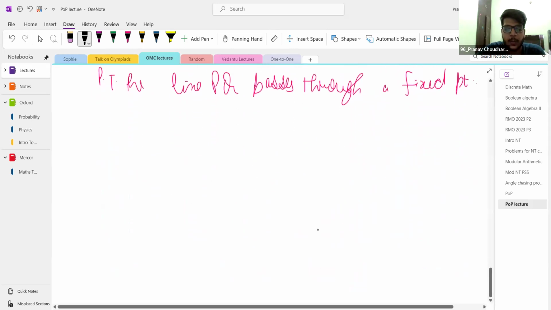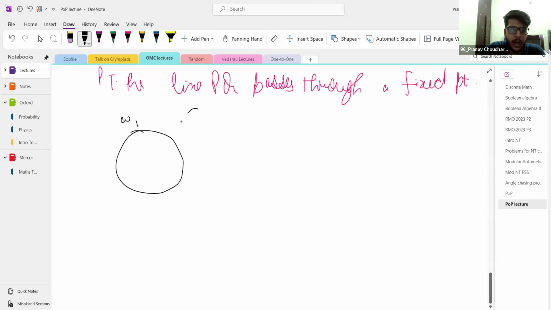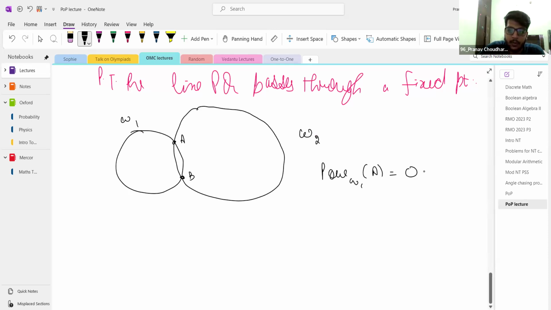All right. So now that we have seen power with respect to one circle, what happens if there are two circles in the image? Like suppose I have circle omega 1 and some circle omega 2. How can I relate power of one circle with another circle? It feels very weird. And if we see the intersection points A and B, both of them have power 0. Like, power of A with respect to omega 1 is 0, which is also the power of A with respect to omega 2.